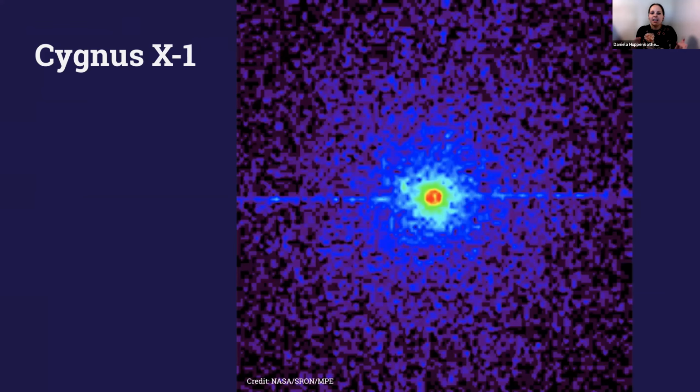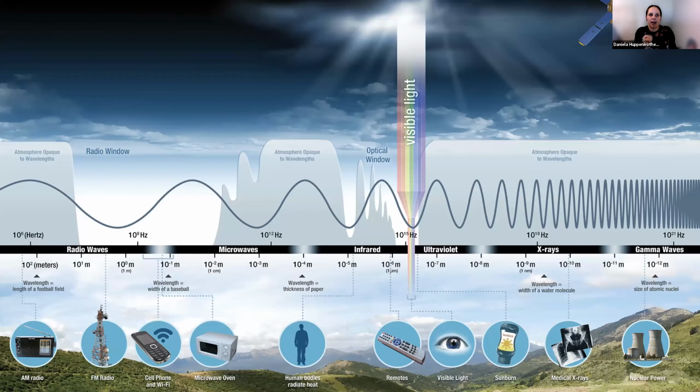And so one thing we can do is look at the emission as a function of wavelength. Many astronomical sources emit light across a wide range of the electromagnetic spectrum, not just the visible light that we can see. They're called black hole X-ray binaries because you observe them mainly in X-rays, although they're also visible in some of the other wavelengths.